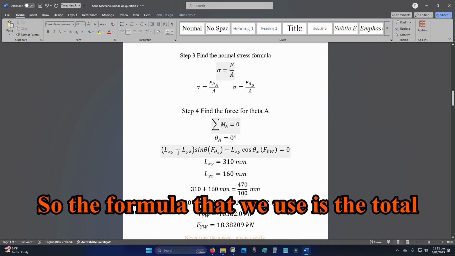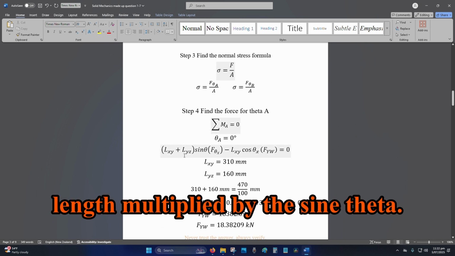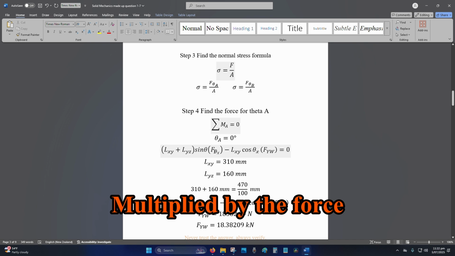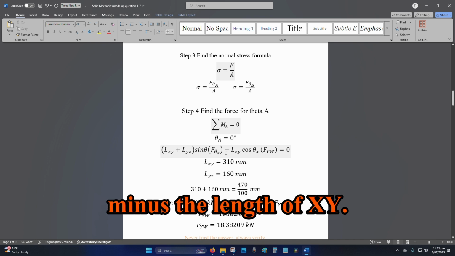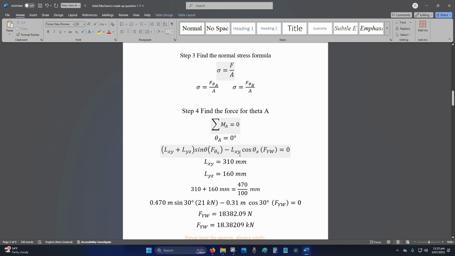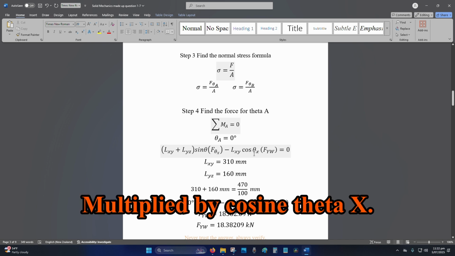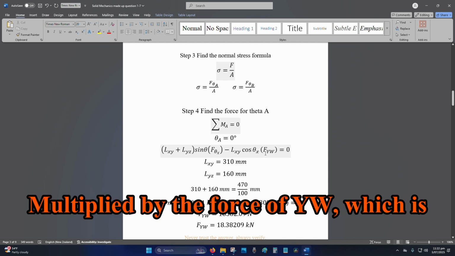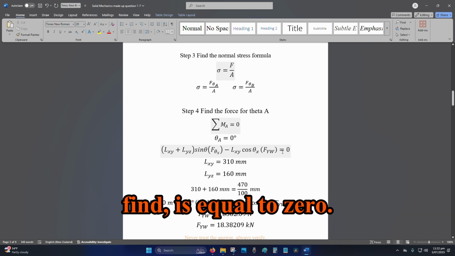So the formula that we use is the total length multiplied by the sine theta multiplied by the force, minus the length of xy multiplied by cosine theta x multiplied by the force of YW, which is what we're trying to find, is equal to 0.